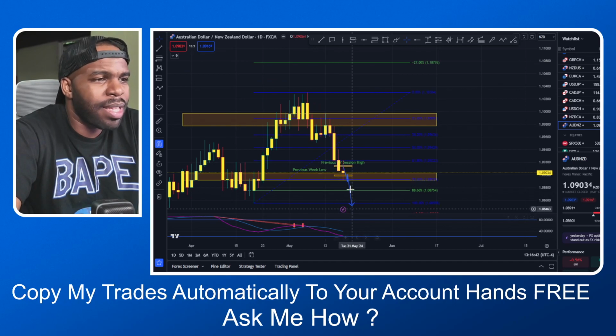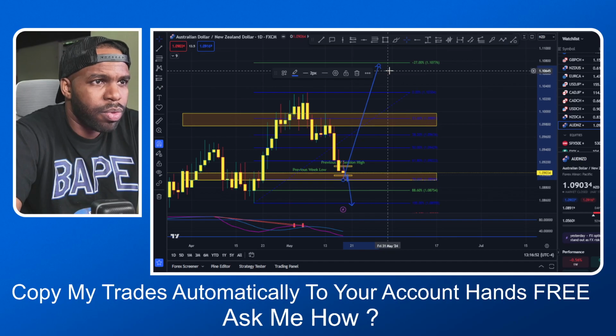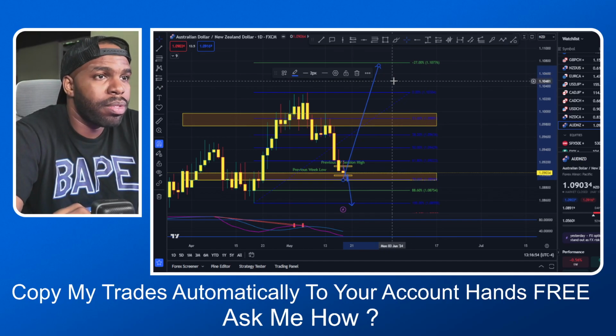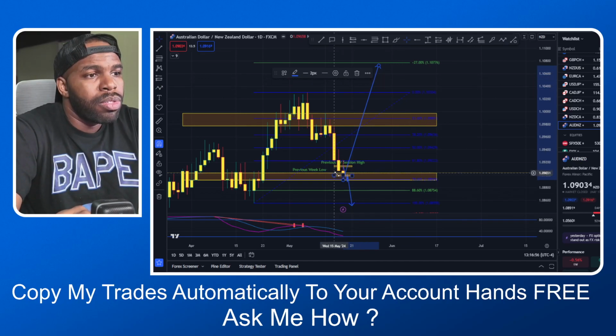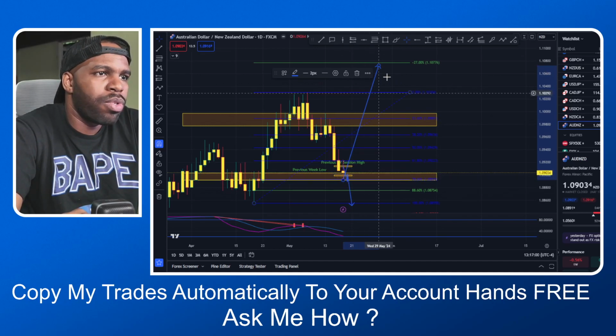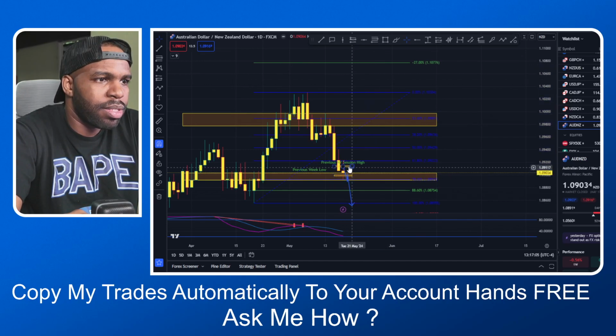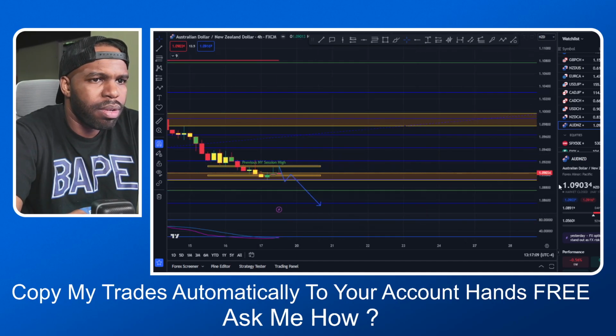Price doesn't have to go down, but what price could do is come all the way back up to the negative 27%. So price could reject this area and go up to the upside. We'll just wait until price breaks. If price breaks, I'll go back to the 4 hour.